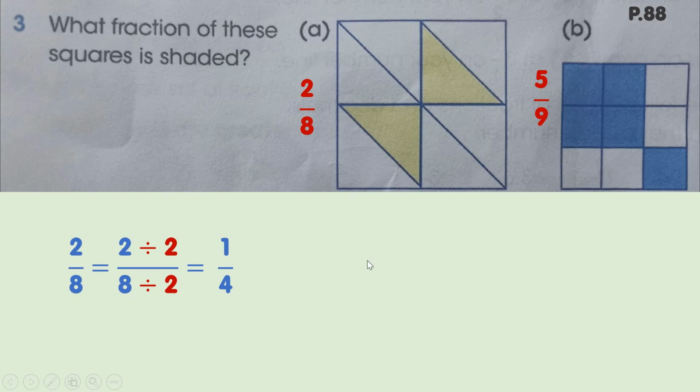But we cannot do the same thing for B because 2 and 8 were multiples of each other and we could divide them, but here 9 and 5 are not multiples of each other. You can't find anywhere in the times tables of 5 any number that if we multiply it by 5 reaches 9. So we are just skipping that.